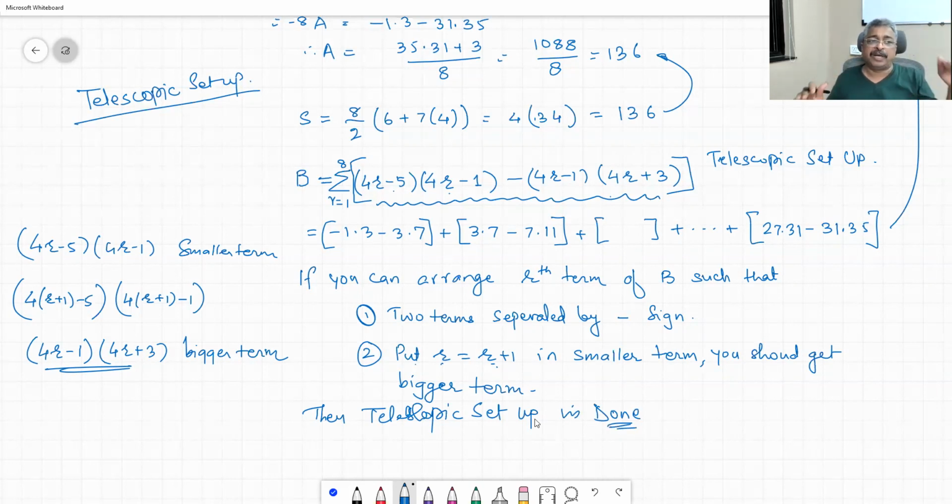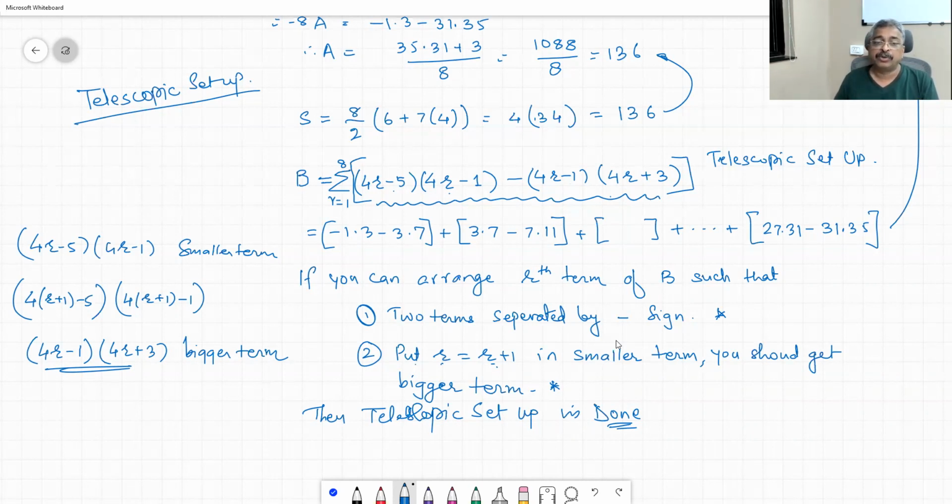Now this is the first level understanding that I am trying to explain to you. Maybe there will be advanced examples where this is not true, and maybe you will have to do something, either r is equal to r minus 1 or maybe jumping. There will be some advanced problems which we will learn, all of them we will learn. There will be slight deviation in these two terms, but once you get the hang of what the telescopic setup is, you will be able to understand those deviations later on.